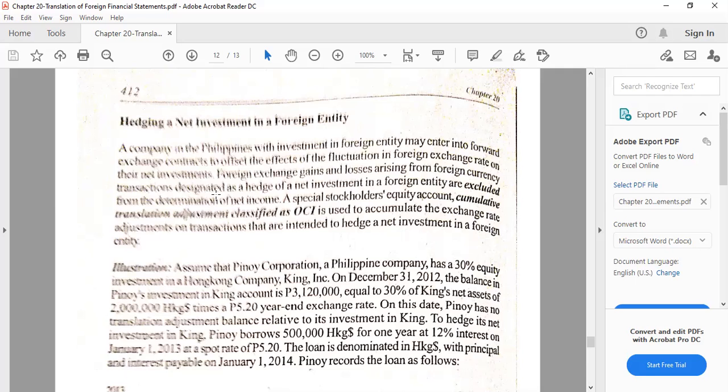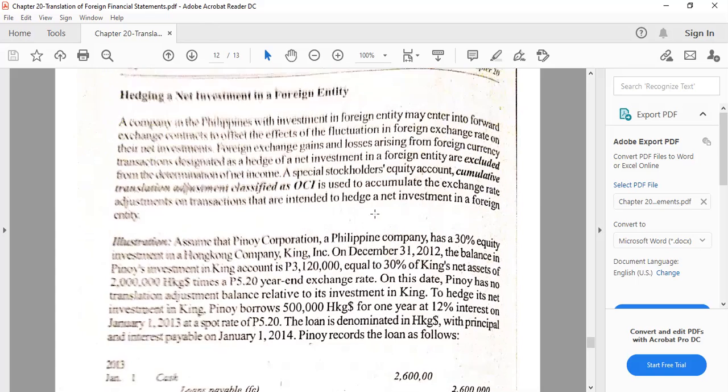We just have to take note that the hedged item here would be the foreign operations, and the hedging instrument will be, for example, the forward contract used in this particular case or whatever such contracts are. Then for cash flow hedge, remember we do not actually account for the changes on the hedged item, only the changes in the hedging instrument.